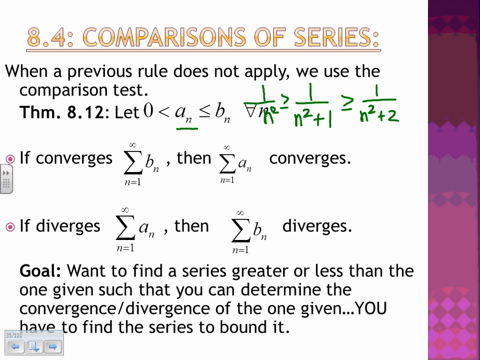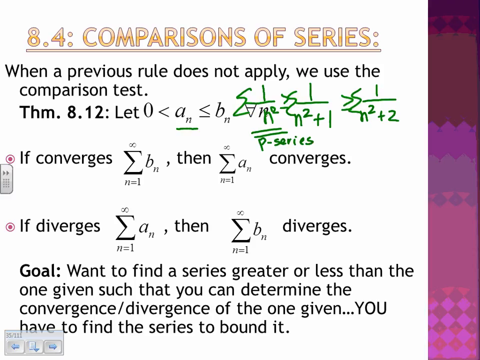Do you agree with that? Because when the denominators are bigger, they actually make a smaller number, right? So what you want to try to do is find a summation that you could easily apply one of the other rules that you've learned about. Well, this one right here, could you easily take the what? The easiest is what? P-series. So you could use a P-series on this, okay?